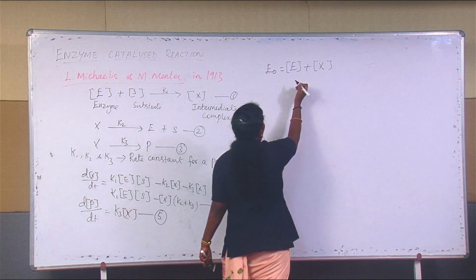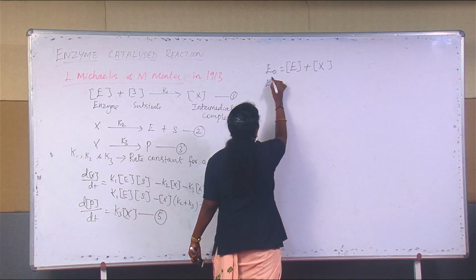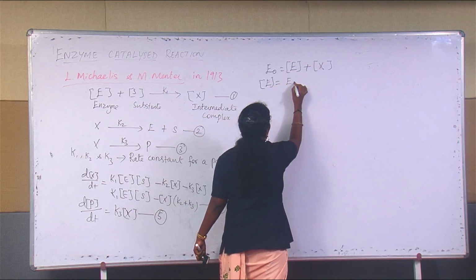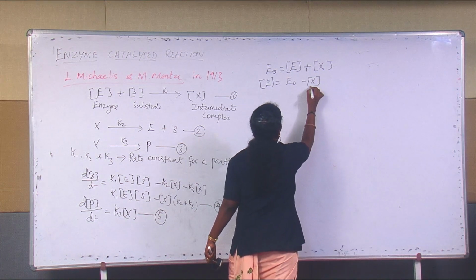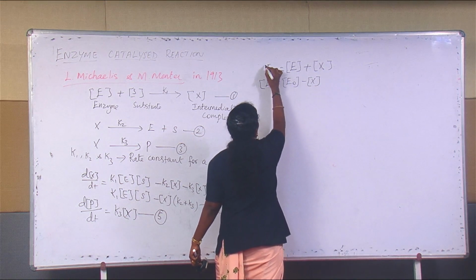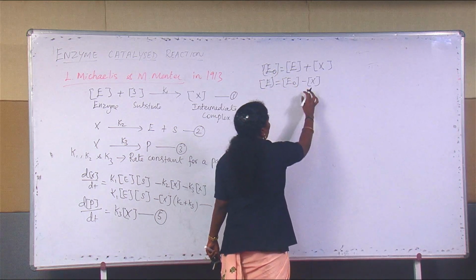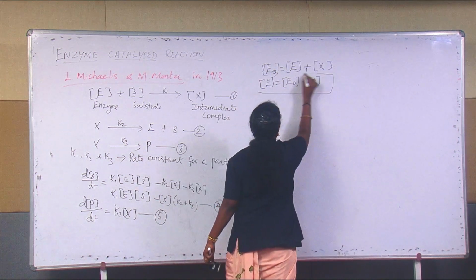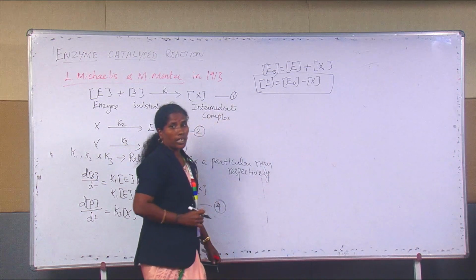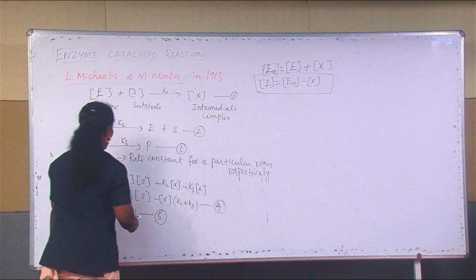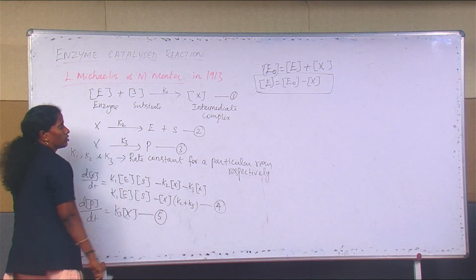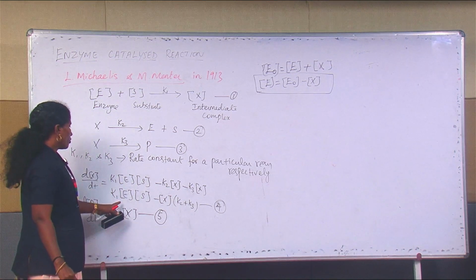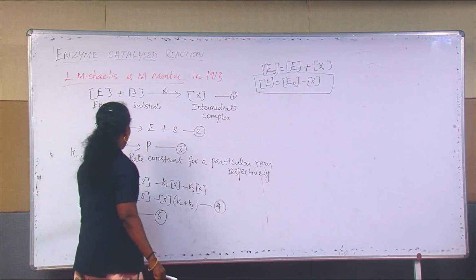So we can write E equals E0 minus X. We substitute this E value, E0 minus X, in equation number 4.